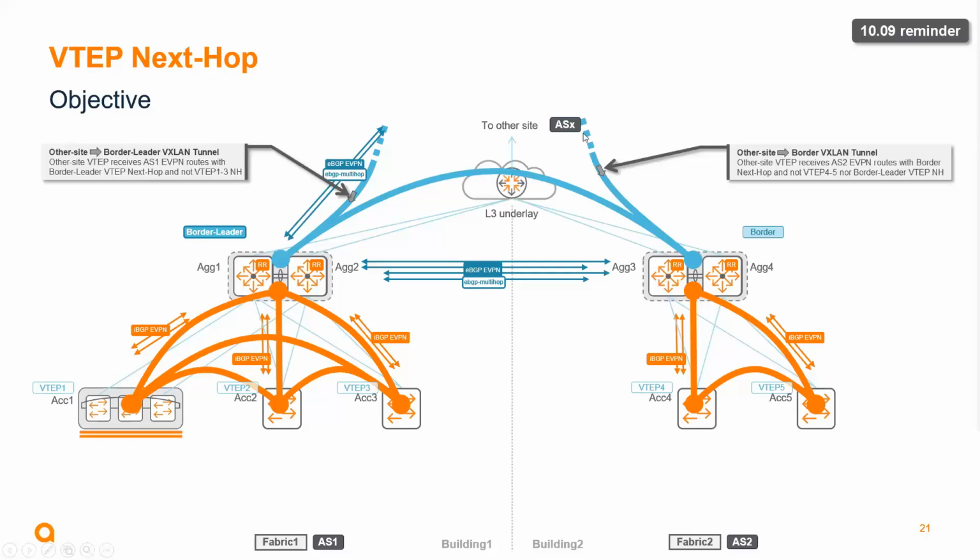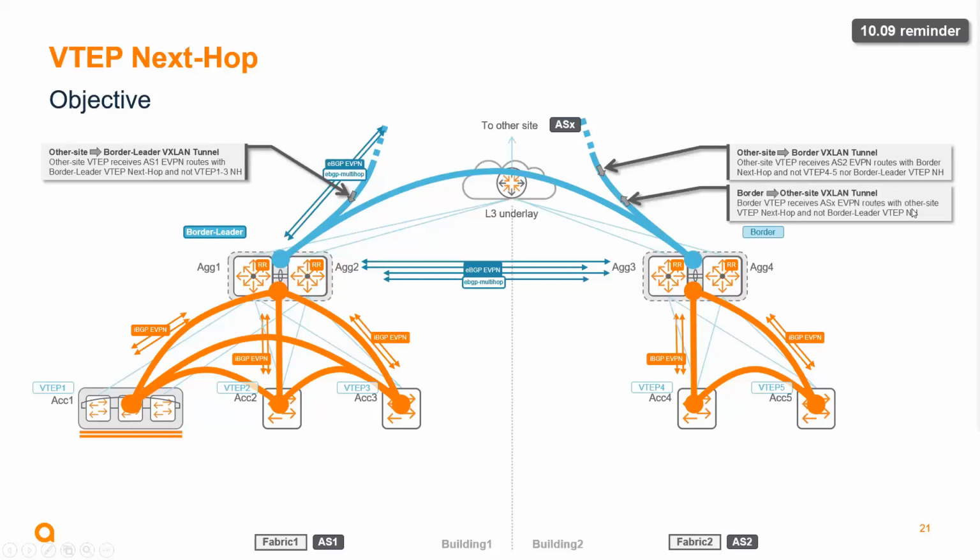Similarly, in order for the traffic to go through that tunnel, you want the AS number 2, so all the routes in Fabric 2, to be received with the border VTEP IP address, and not VTEP 4 and VTEP 5. Pay attention that the border does not have an EVPN BGP session with the site on the top. So this is performed by a route map that we have on the border leader.